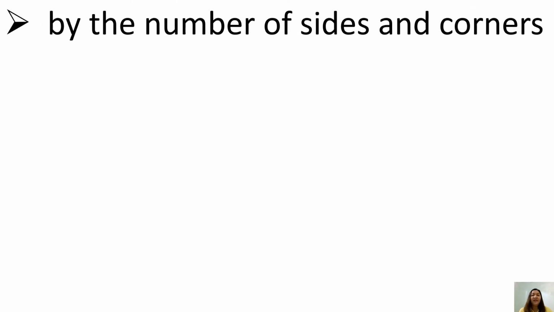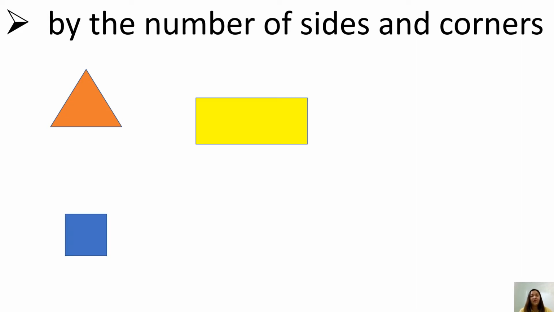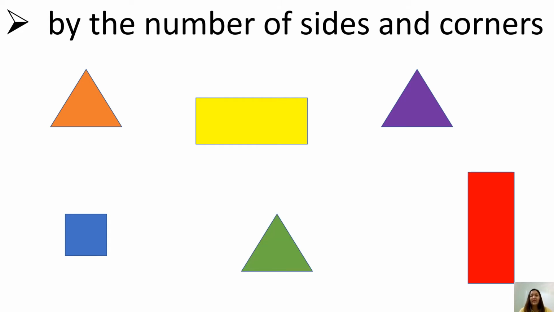And lastly, by the number of sides and corners. So we have triangle, square, rectangle, triangle, triangle, and rectangle. So we're going to divide these shapes by the number of sides and corners.